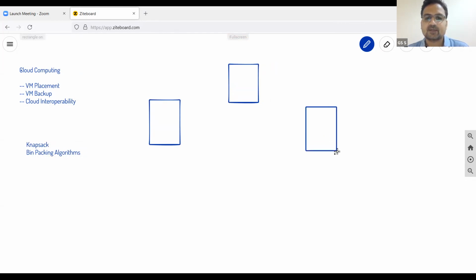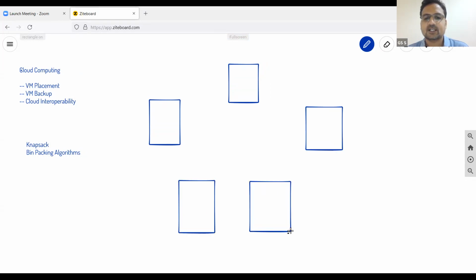So we may have, for example, these 5 servers in a cloud, and I want to place the virtual machines. On which server the virtual machine will go, if we can decide that, then we are saying that we are trying to follow virtual machine placement approaches.